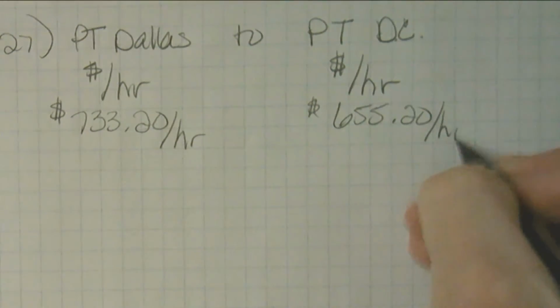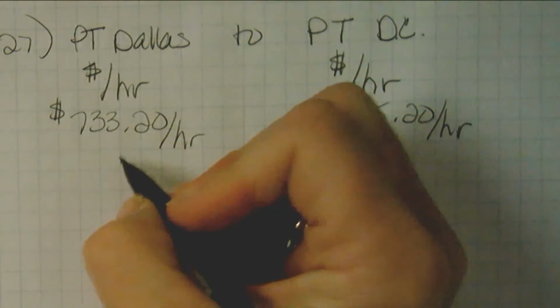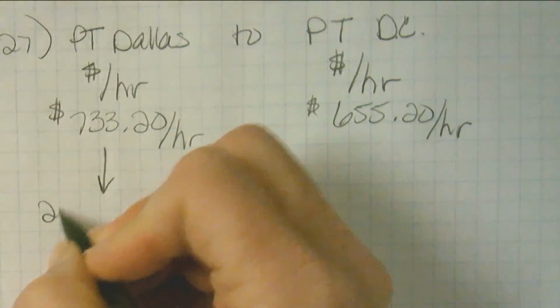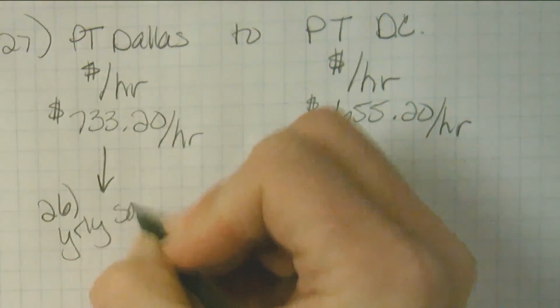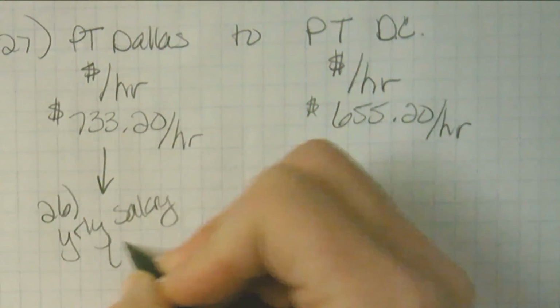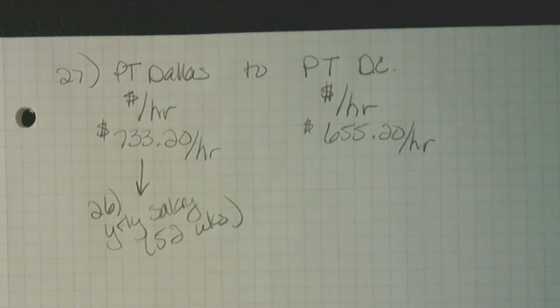Like I said before, when you're estimating these, it depends on what you're estimating it for. For number 26, we wanted to know their yearly salary. That's 52 weeks. I'm doing this because you guys have to make some decisions.